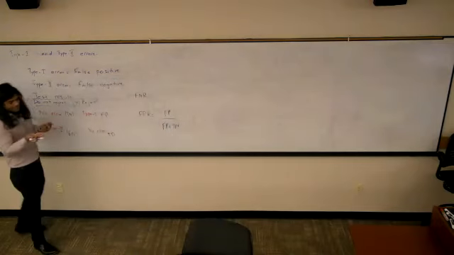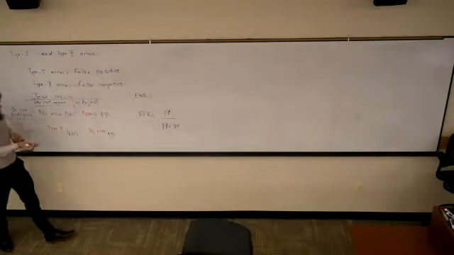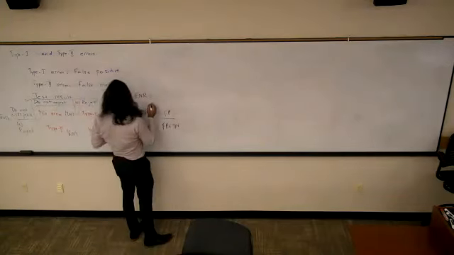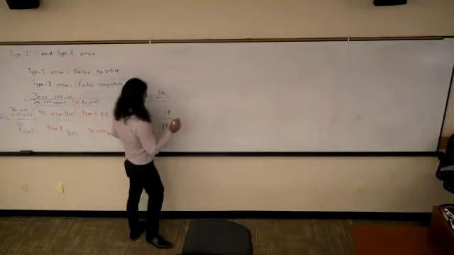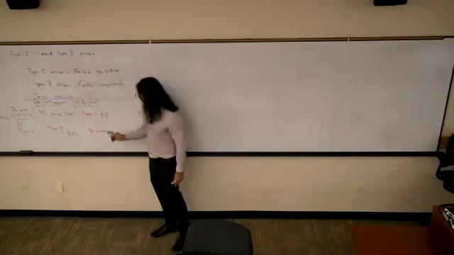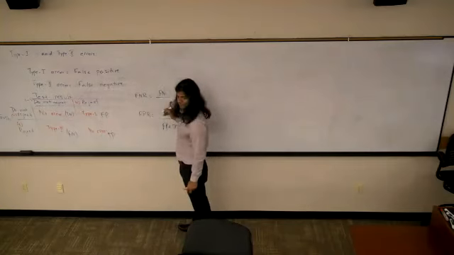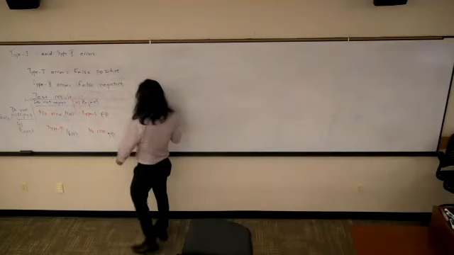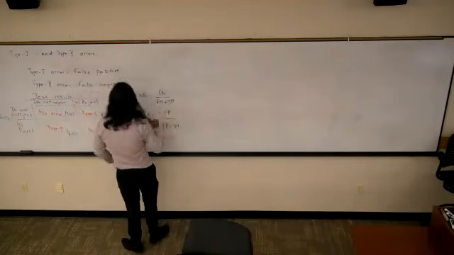Take a guess. False negative over false negative plus true negative. What is TN? Total negative? False negative over true positive. So false negative plus true positive.